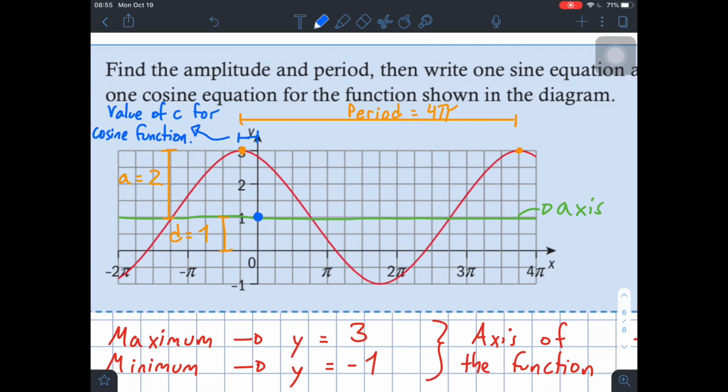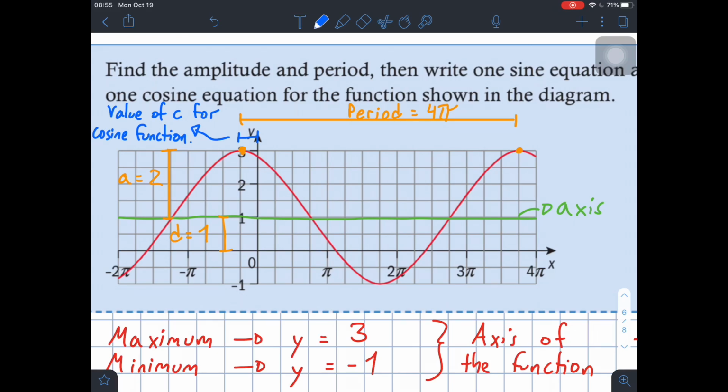It is a mistake to consider this point over here. Why? Because if you consider this point over here, the function is going down after it begins, and the original sine function goes up after it begins. So it would be a mistake to consider that point over there. We should look at this point right here in order to find the value of C for the sine function.